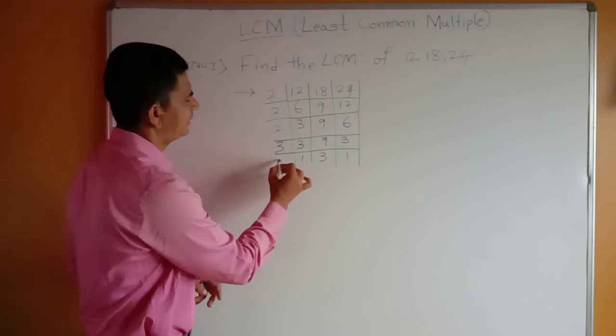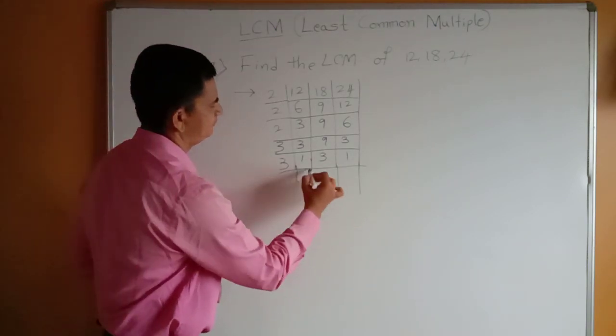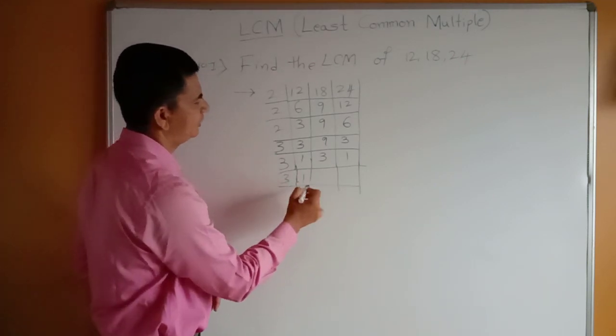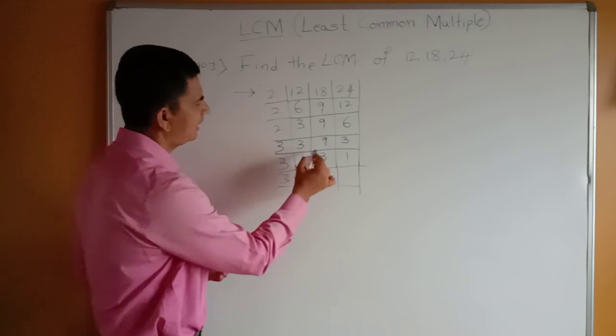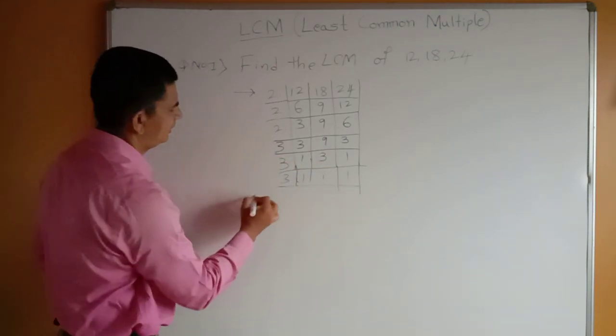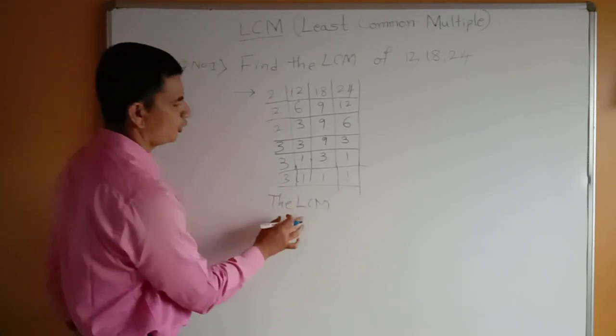Again we have to take 3 because 3 is left there. 3 1s are 3, 1 as it is.